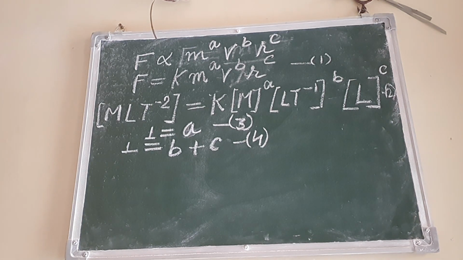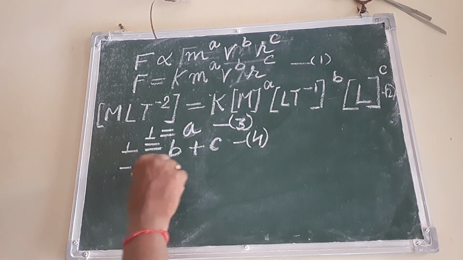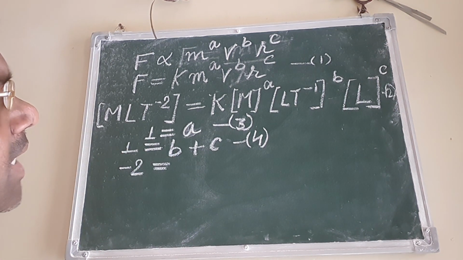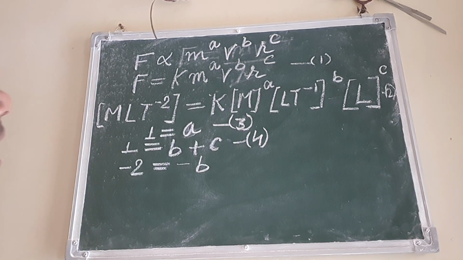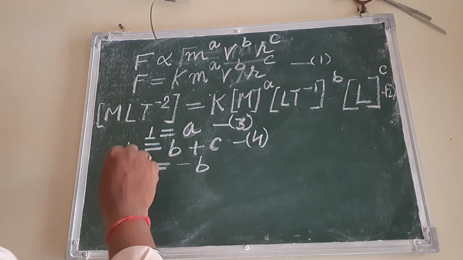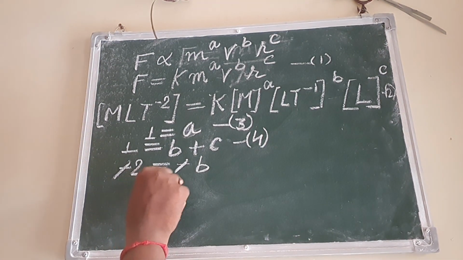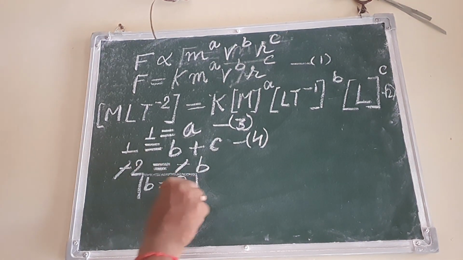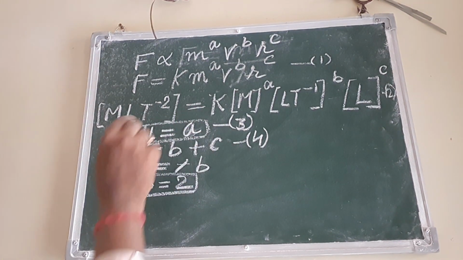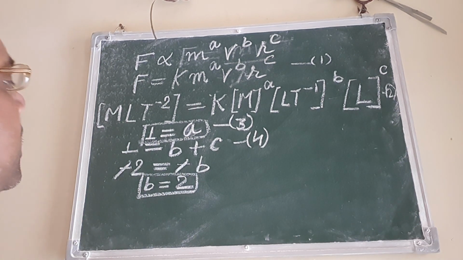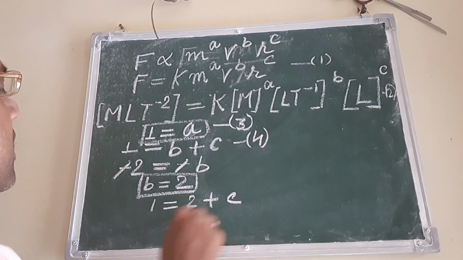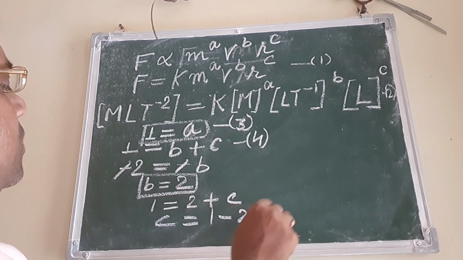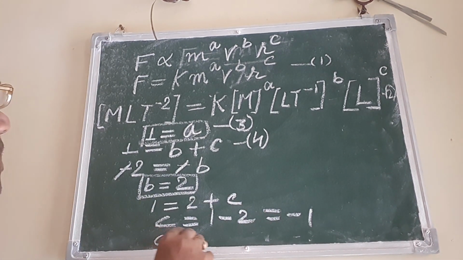Now comparing the dimensions of T on both sides. On the left side it is minus 2, on the right side it is minus b. The minus sign gets cancelled from both sides, so b is equal to 2. So the value of b is 2, a is 1, and substituting in equation 4, we get 1 is equal to 2 plus c. So the value of c is 1 minus 2, that is minus 1.